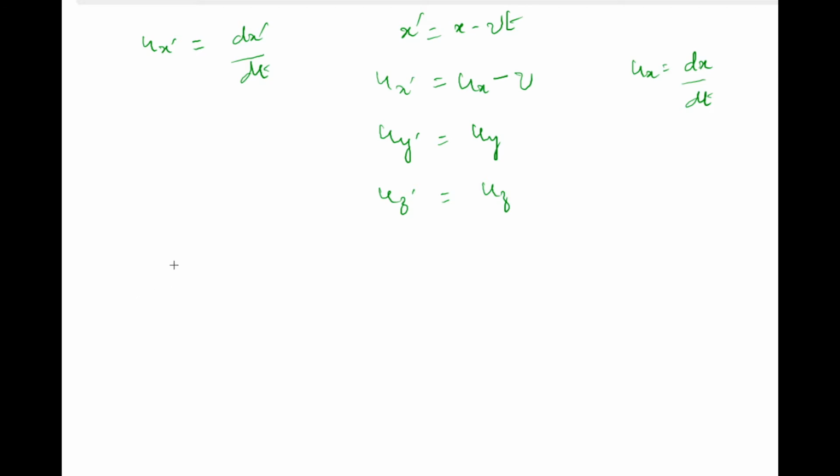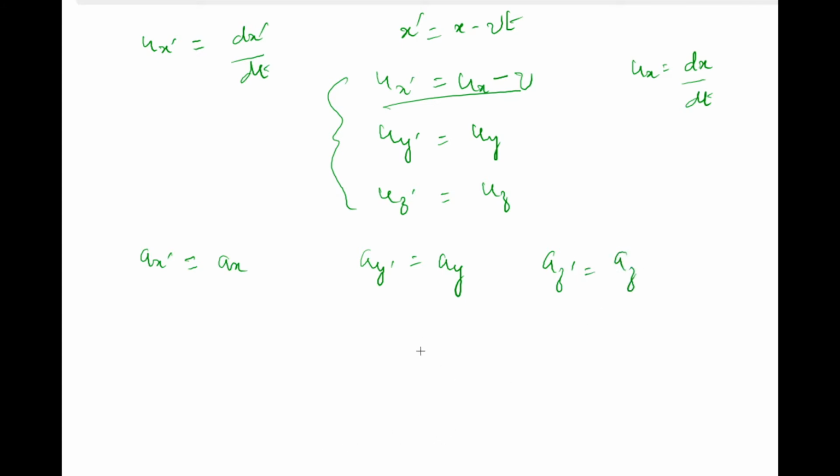Now if we take the second derivative of the displacement, that is x prime, we get ax prime, which is acceleration. So these three are velocity derivatives. Then for the next term we get acceleration, that is the derivative of velocities. ax prime is the derivative of this particular expression. Of course ay prime, the acceleration in K prime along the y direction, is equal to ay, and az prime is equal to az.